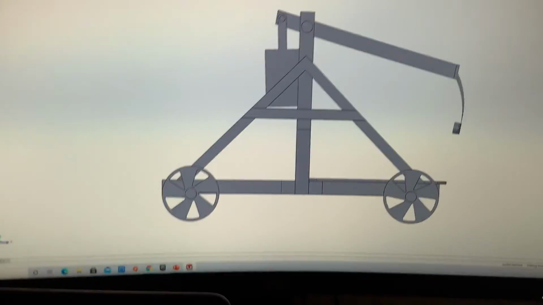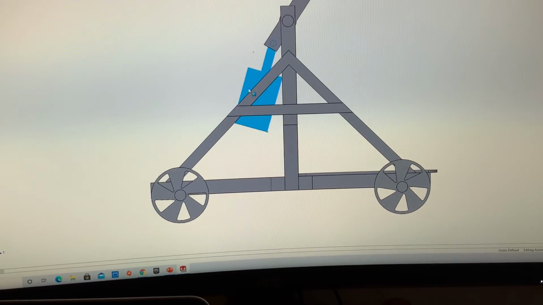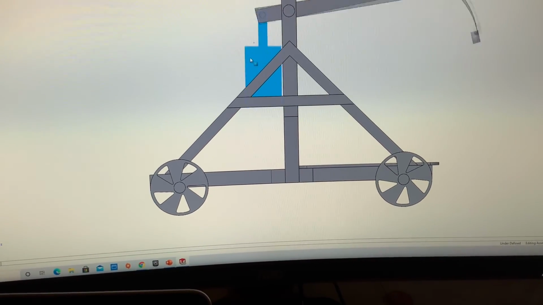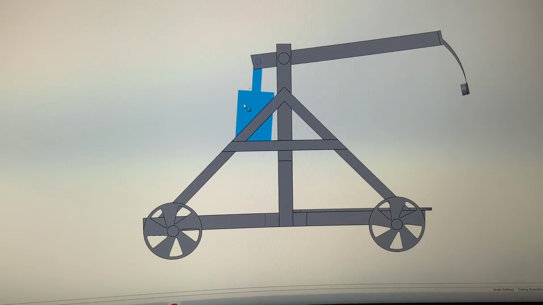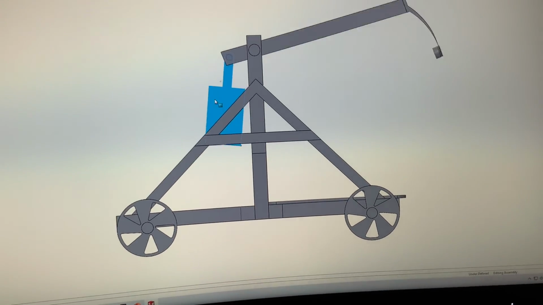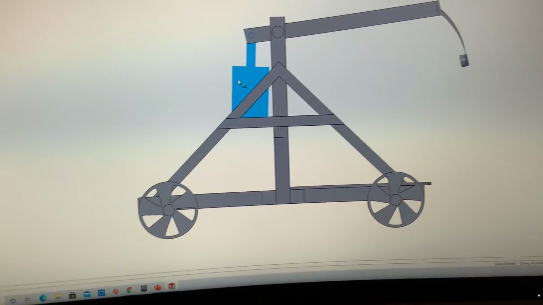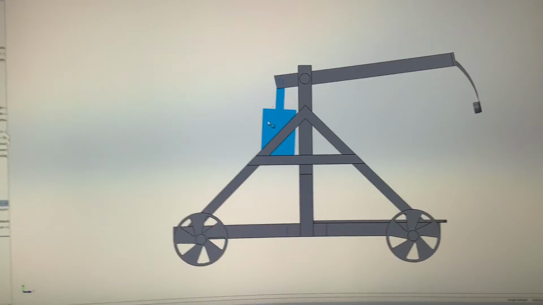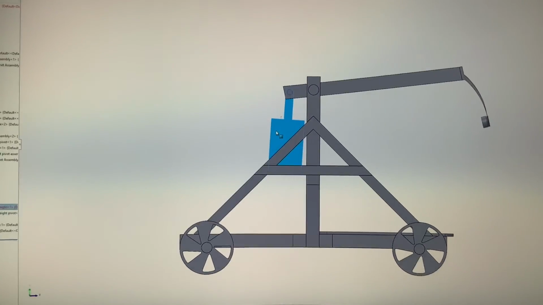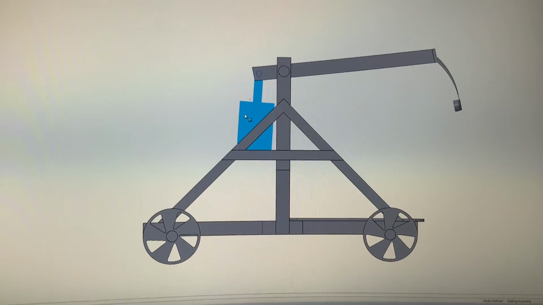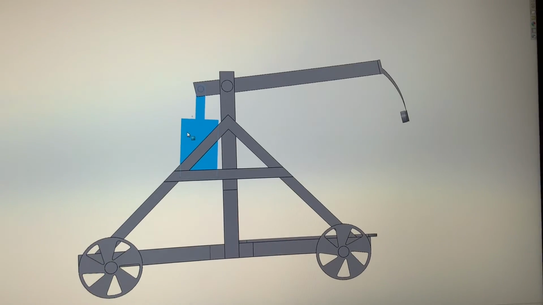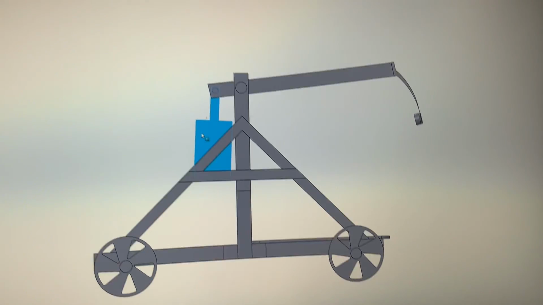When this massive counterweight falls, my L4, the counterweight length, is a little bit short on this, but the counterweight is very massive compared to the very small sling I constructed over there.